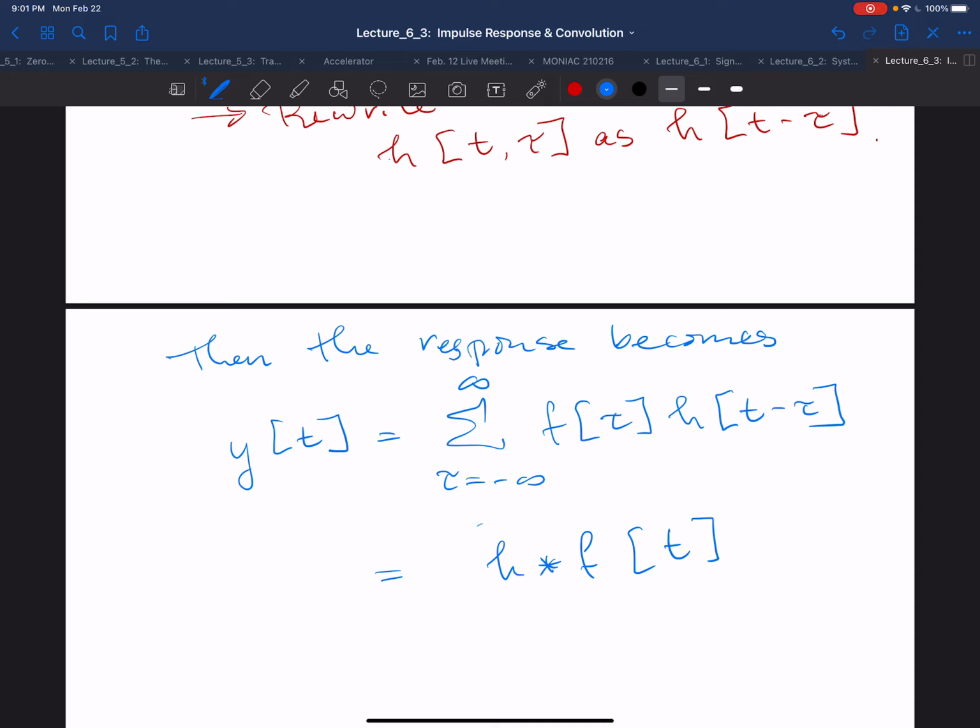So we've shown directly from the properties of linearity and time invariance that the response of an LTI system to any input f is simply the convolution of that input signal f with the impulse response of the system.